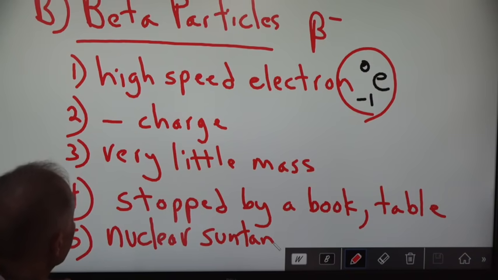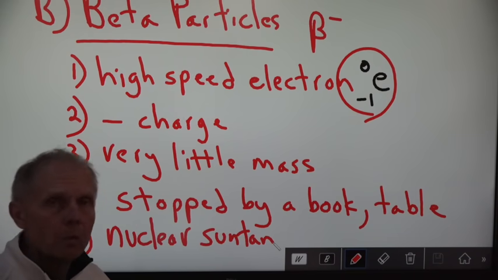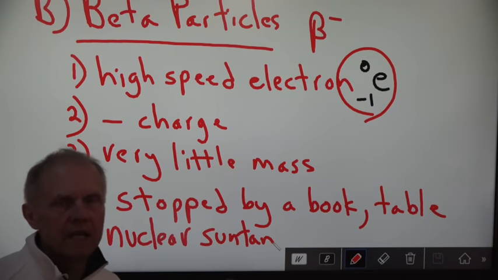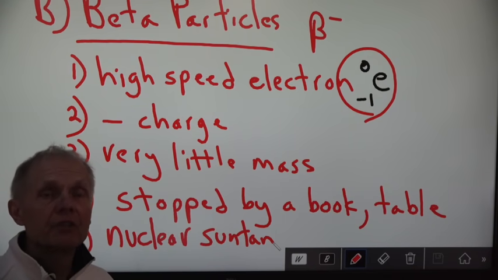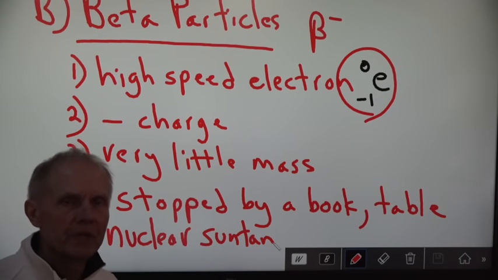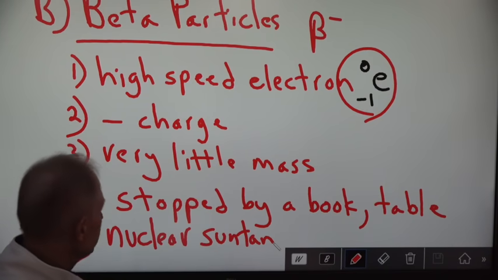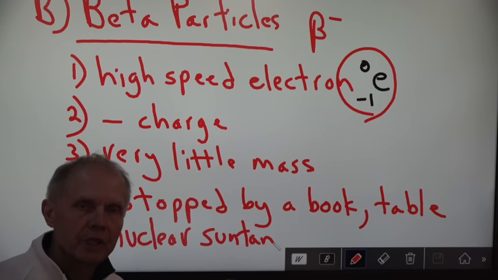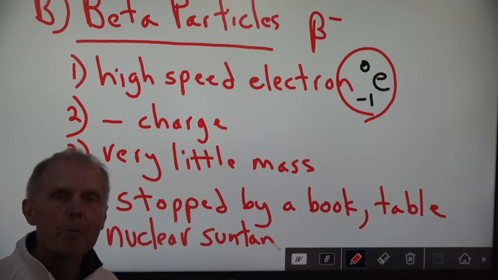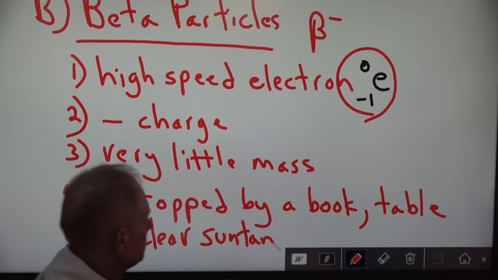All right, now we had alpha decay as the first type of natural transmutation. This is the second type of natural transmutation. This is called beta decay. So we're going to put an asterisk.